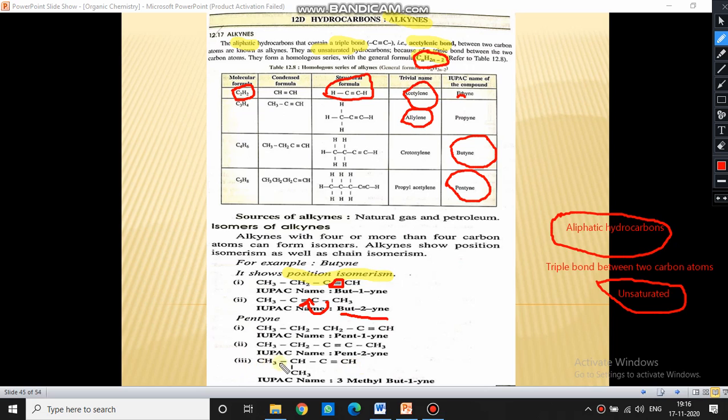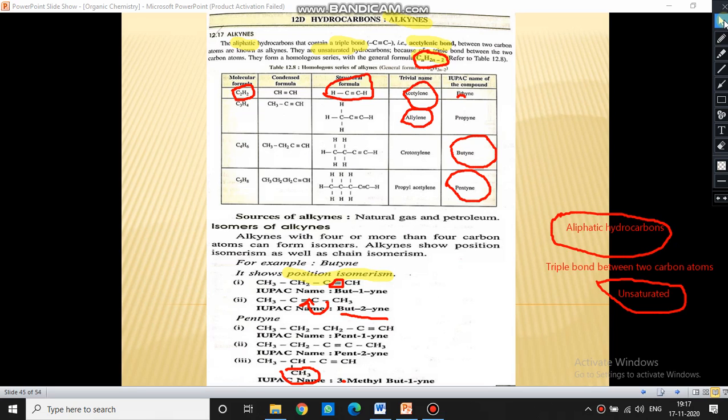In this, the length of the chain has been decreased. You can see one of the carbons has come down as a methyl and the triple bond is still there. So it becomes 3-methylbut-1-yne. This is an example of chain isomerism where the chain length has been changed.